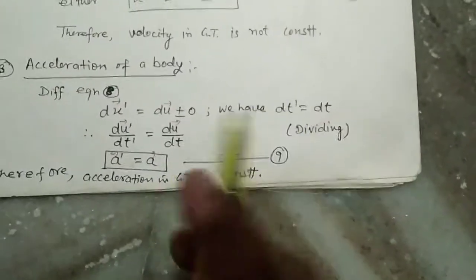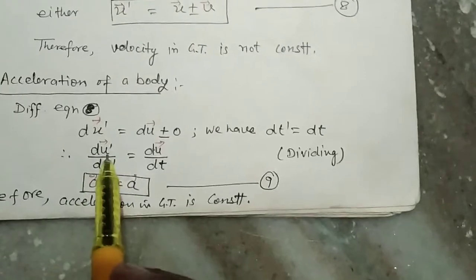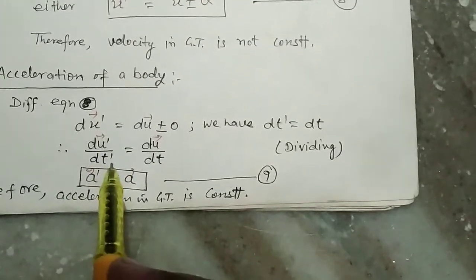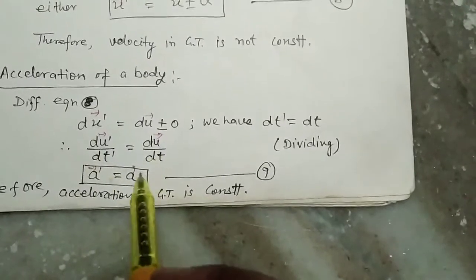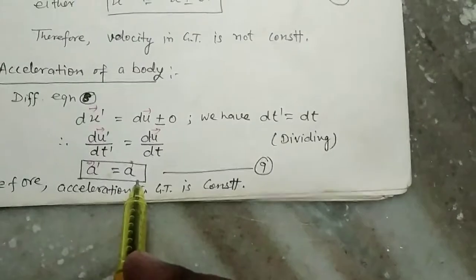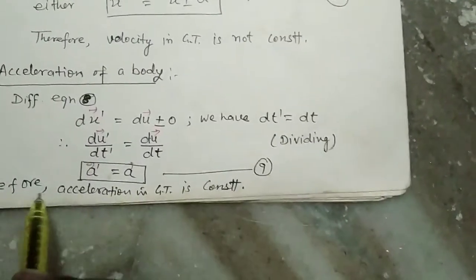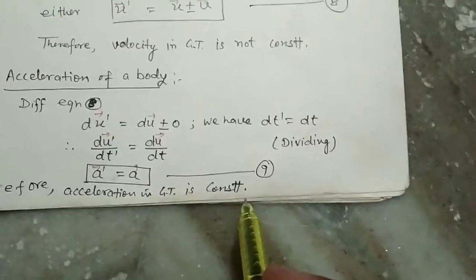On dividing these two equations, we get du dash vector upon dt dash is equal to du vector upon dt. So these are the accelerations, that is a dash vector is equal to a vector. This is equation number 9. Therefore, acceleration in Galilean transformation is constant.